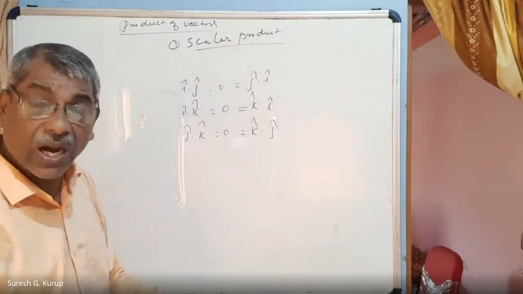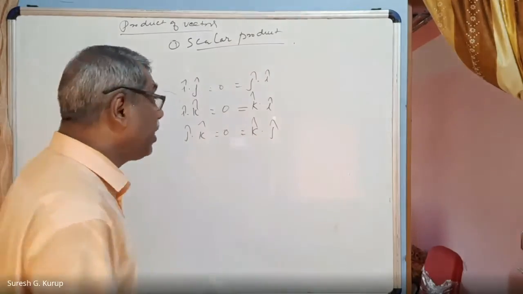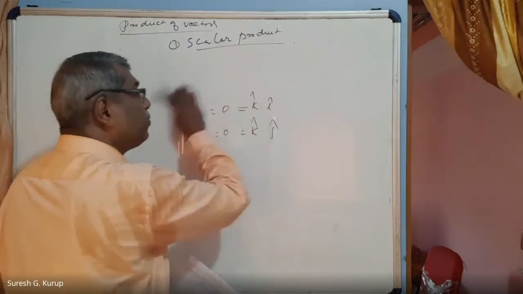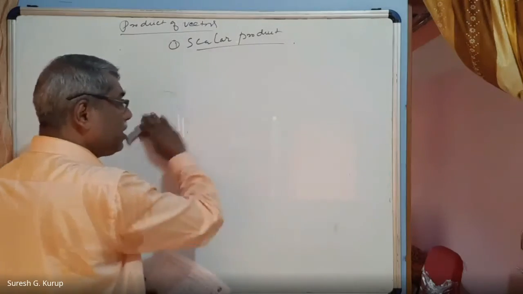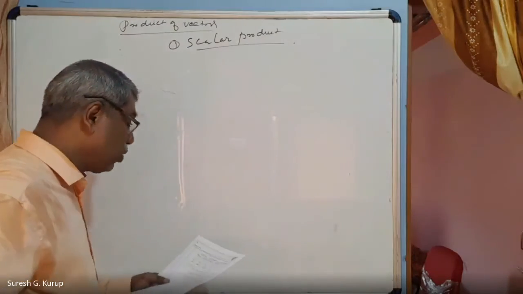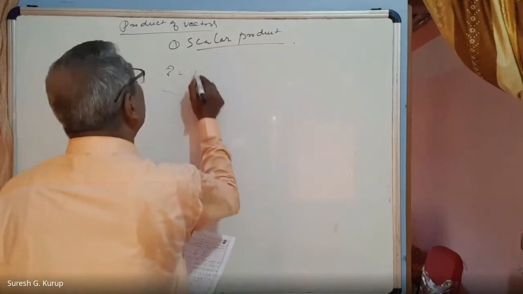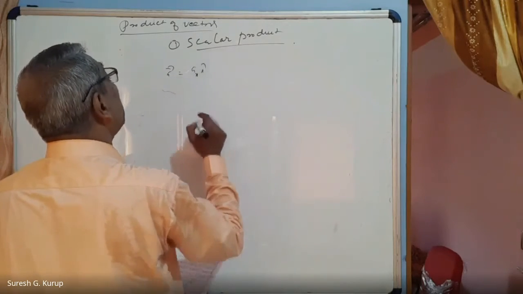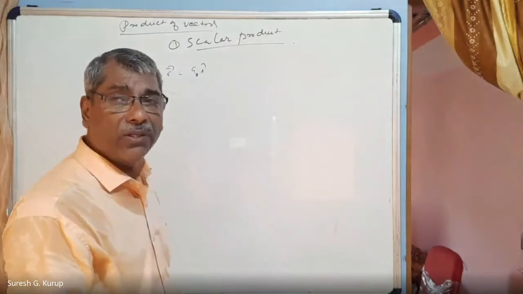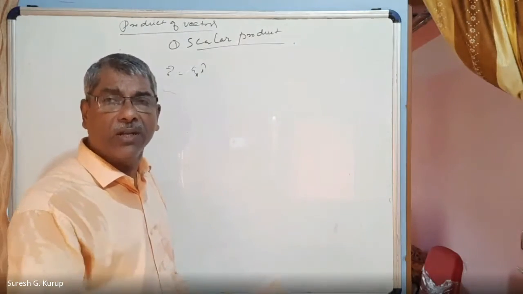Then we will see how the product of three-dimensional vectors is found. It is also very important in this case. Suppose that vector A is equal to Ax i, that means vector A has three components: x component, y component, and z component.